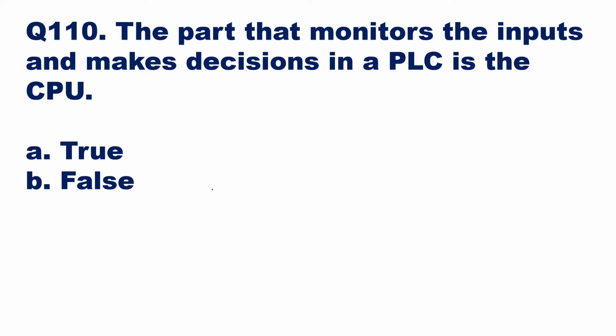The part that monitors the inputs and makes decisions in a PLC is called what? Now, in a PLC, we know we have a main CPU, and to the CPU you are going to give inputs, and the CPU is going to give you the output.